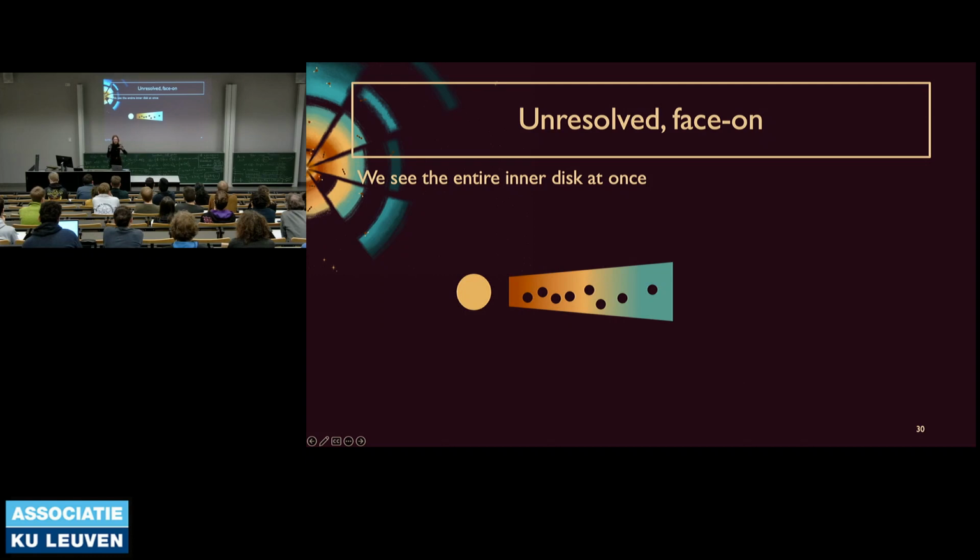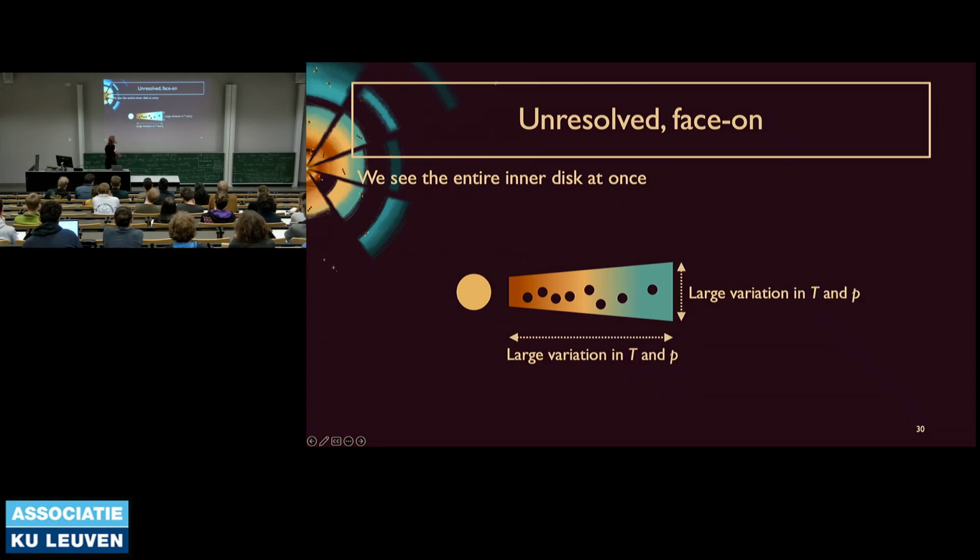Because we see the entire inner disk at once, we don't exactly know where every single feature is coming from. Because of the large variations in temperature and pressure, both radially and vertically, there's a lot of chemistry going on. There's a lot of complex features, and of course we don't exactly know what we're tracing. Secondly, it can be highly irradiated. So this means that there is also photodissociation, which I will talk about in a second, but that's essentially just destroying your molecule based on the irradiation of the star.